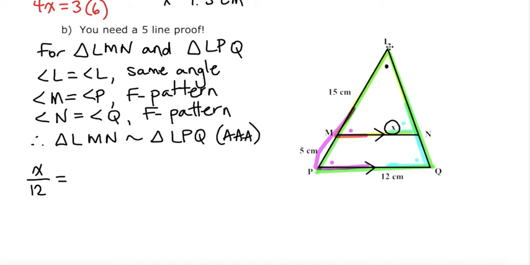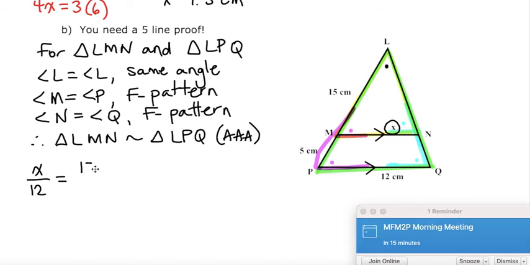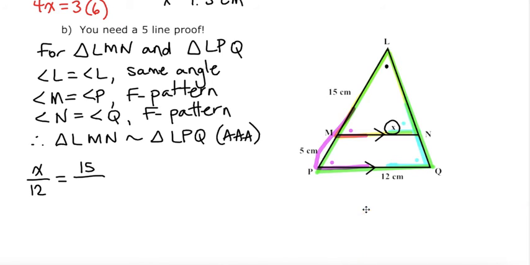Well, from L to M in my smaller triangle is 15 centimeters. I also know that from M to P is 5 centimeters. So the entire length of this side is 15 plus 5, which is 20. So the length of the larger side is 20.